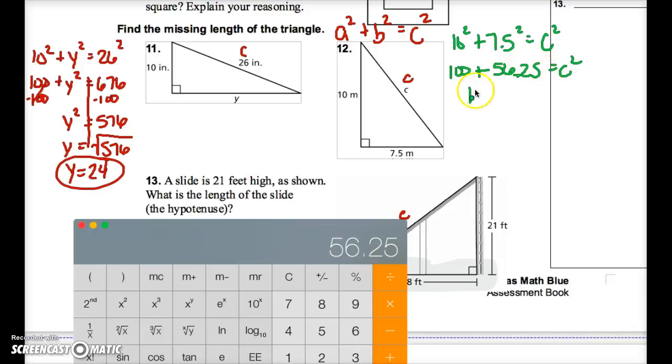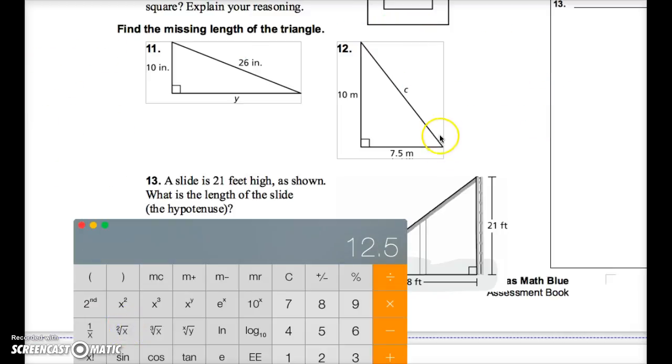Add those two together and you get 156.25. But that's c squared, so remember, to get that c all by itself, we need to take the square root of this. And you get 12.5. Oops. Didn't mean to delete all of that. But we got 12.5 as our answer, and then our labeling would be in meters.